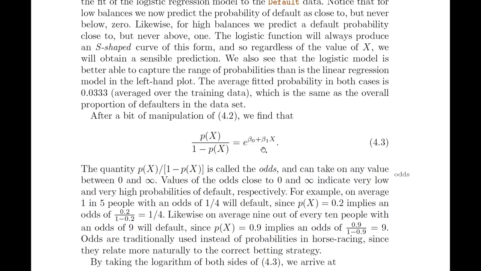And we created this relationship where the odds is equal to e, that's Euler's constant, to the beta naught plus beta 1 x. And we're probably going to start looking into how we would actually determine beta naught and beta 1.